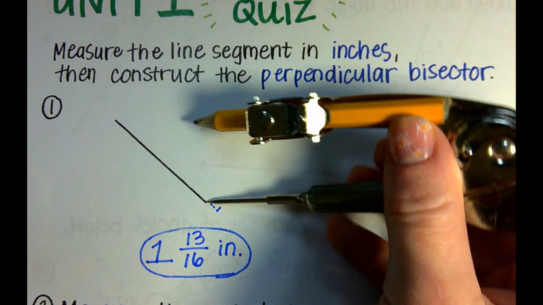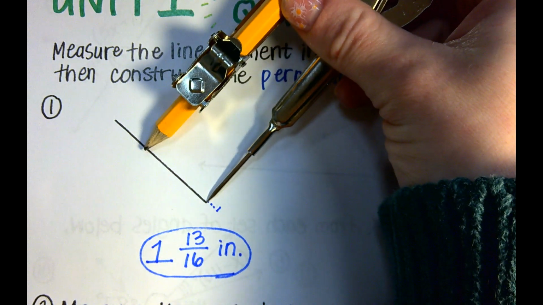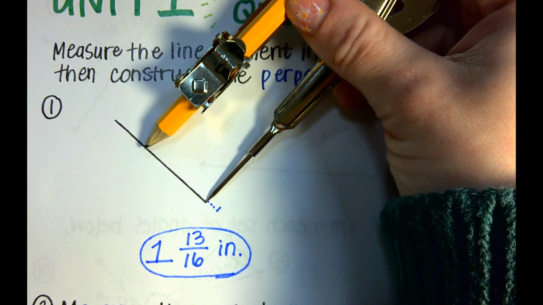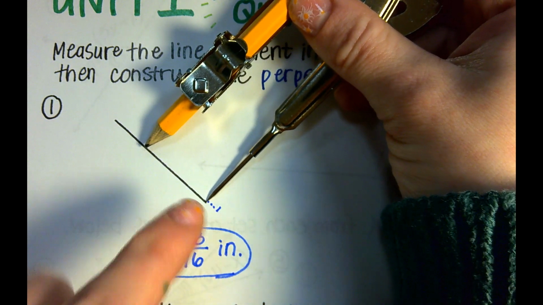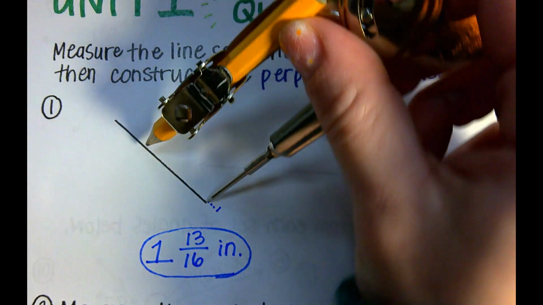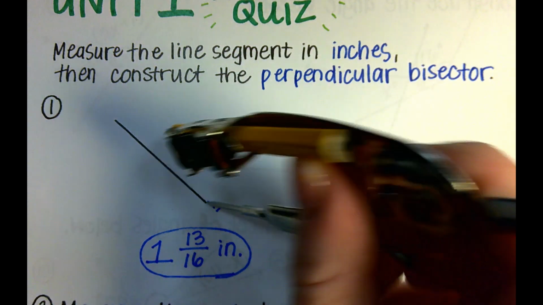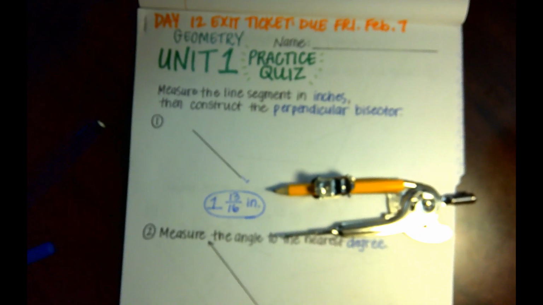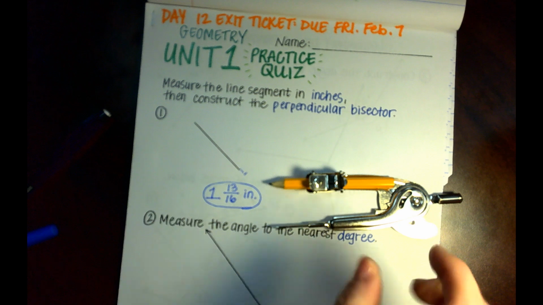And how big should my compass be open? Well, greater than half. Yeah, a little bit bigger than halfway. So where mine is now is just about perfect. So I'm going to make sure that my point is on there, and I'm going to zoom out just to kind of help everybody see the motion we're doing. These are tricky.